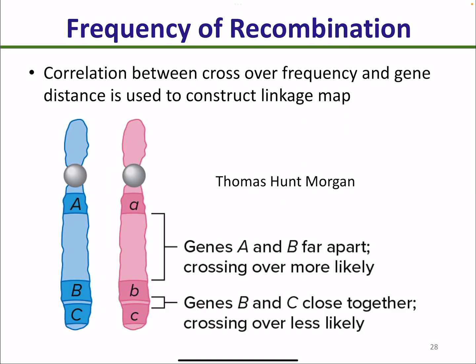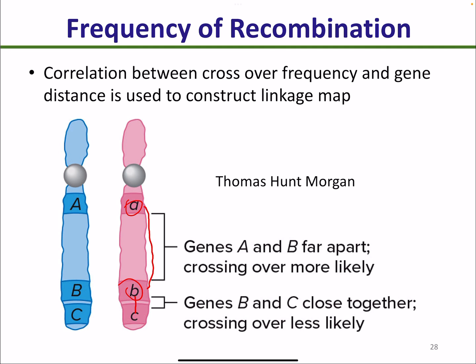So here, the frequency of recombination is going to be based on how far apart the genes are on the same chromosome. While A and B are on the same chromosome, they are very far apart, right? While B and C are going to be close together.